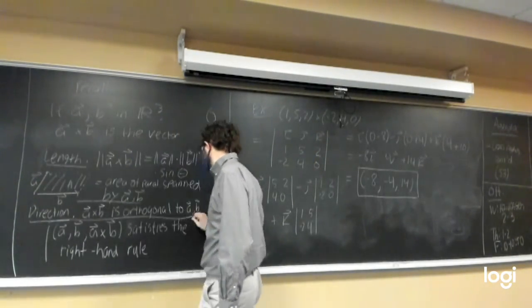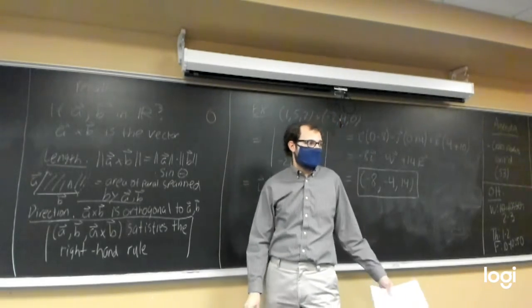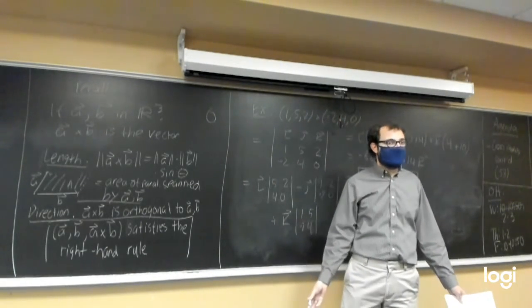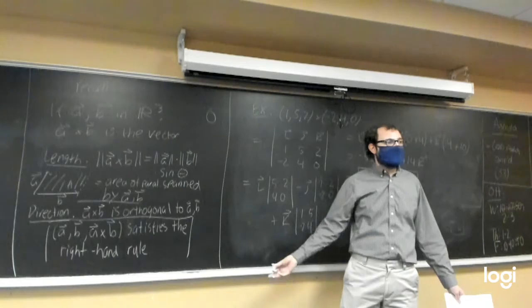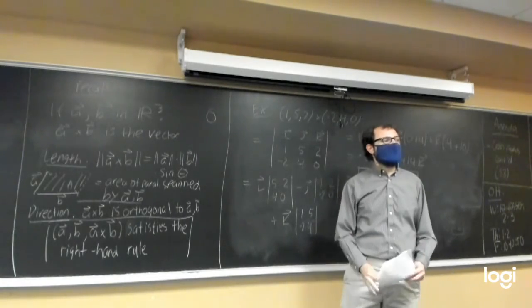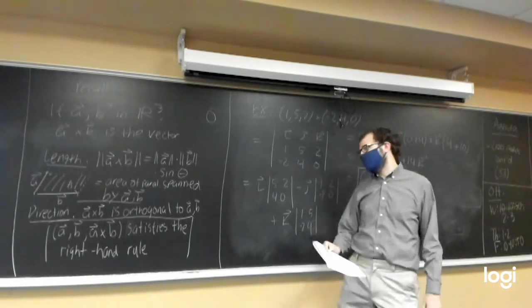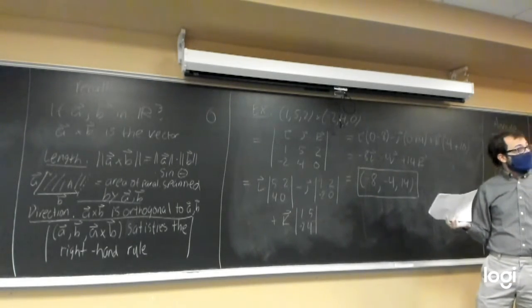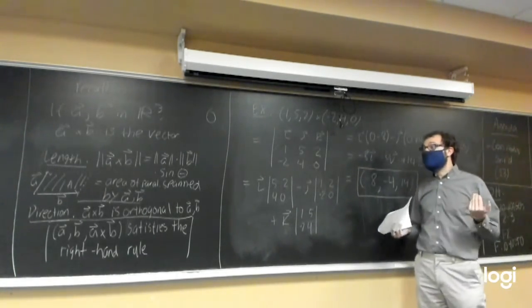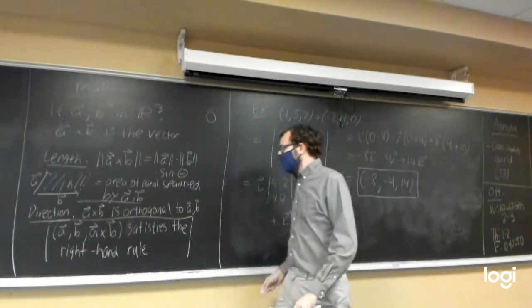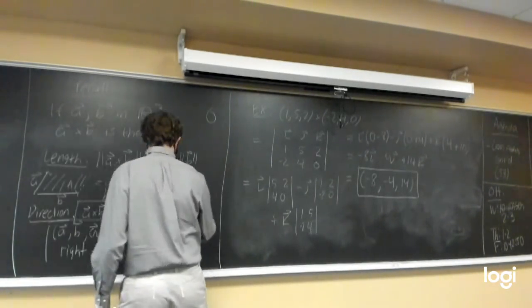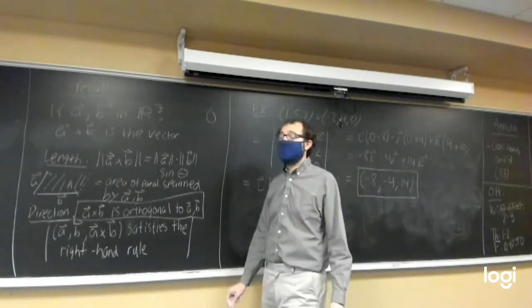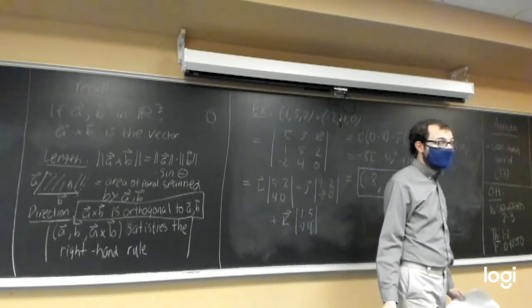Checking this is kind of hard to do. Does it satisfy the right-hand rule? Because I don't really feel like trying to graph these two vectors and then trying to accurately see, does my thumb stick in exactly this direction? But it's one thing that we can check fairly easily: is the thing we got for the cross product orthogonal to our original two vectors?